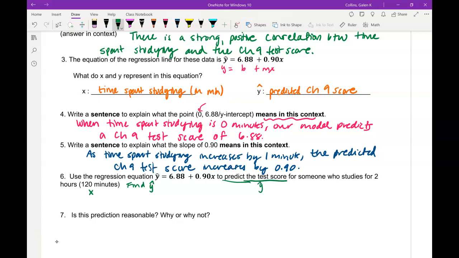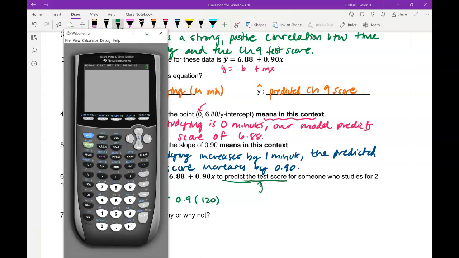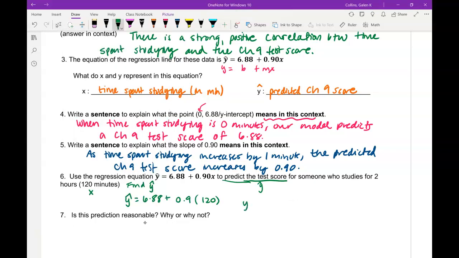So y hat equals 6.88 plus 0.90 times 120, and we can use the calculator to help us out. We could do that in two steps, or in one, because the calculator knows the order of operations. And we get, wow, 114.88. We'll answer whether this makes sense in the next question.